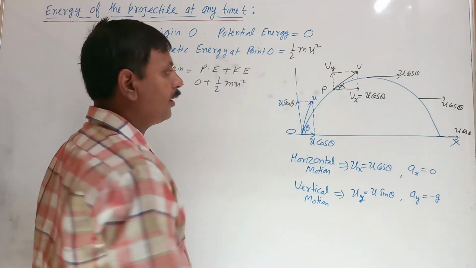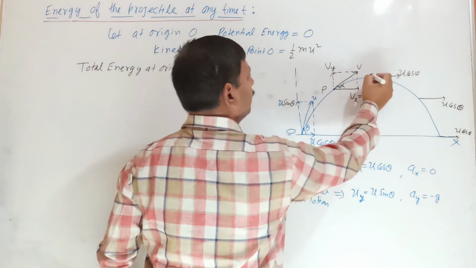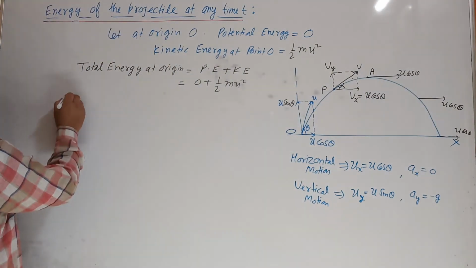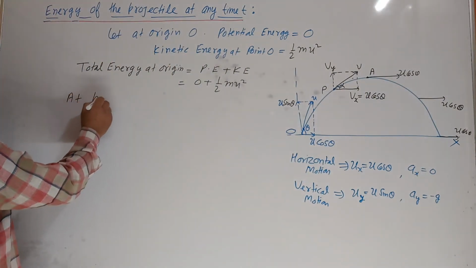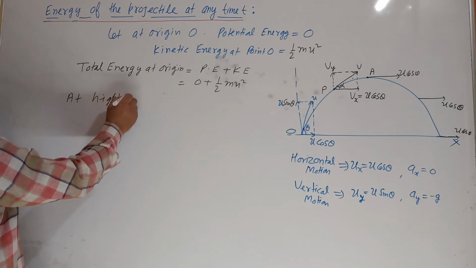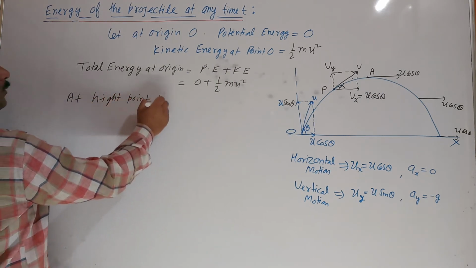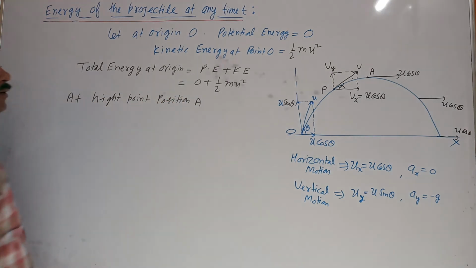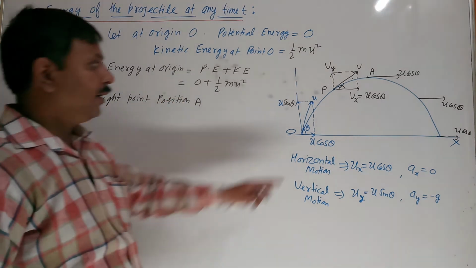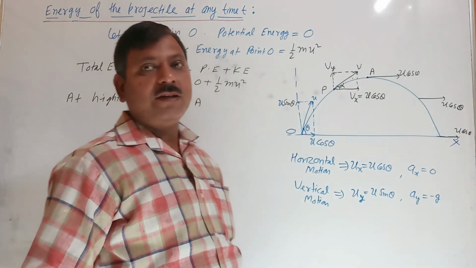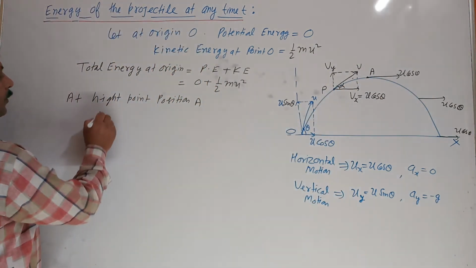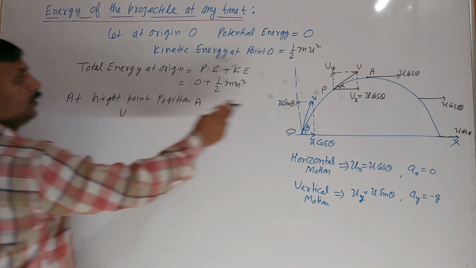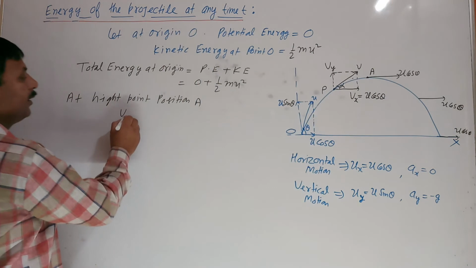Now when we talk about the highest point position, or maximum height position A, what will be the energy at that time? What will be the net velocity at point A?